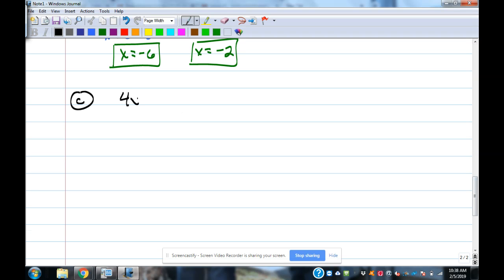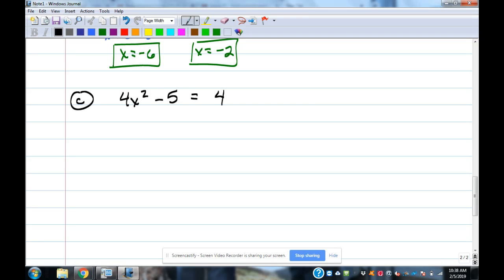So 4x squared minus 5 is equal to 4. Seems easy enough.